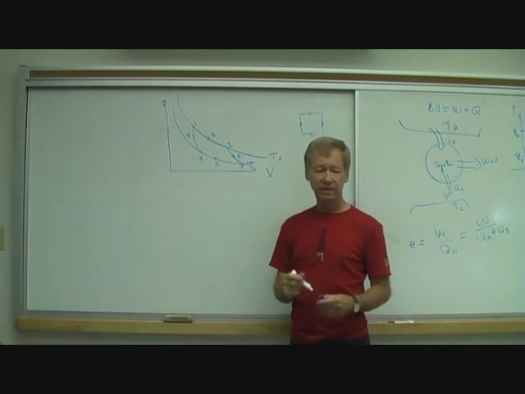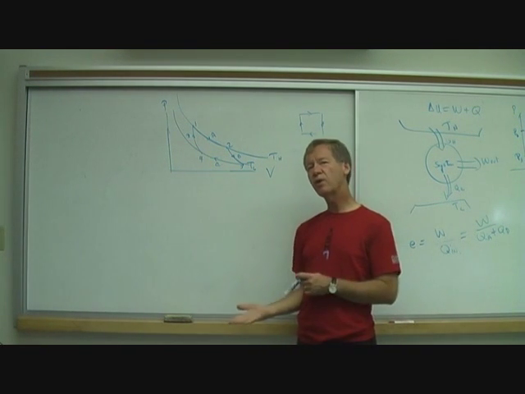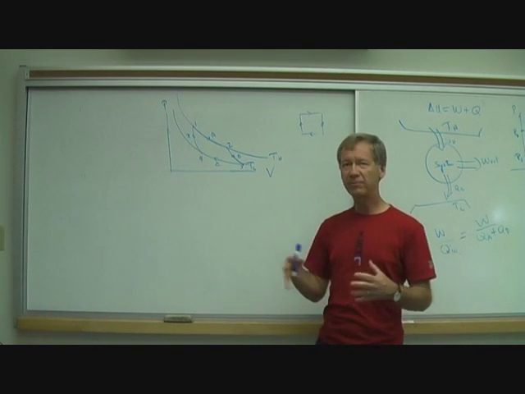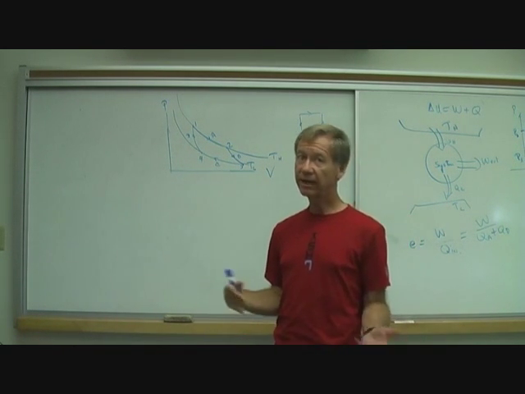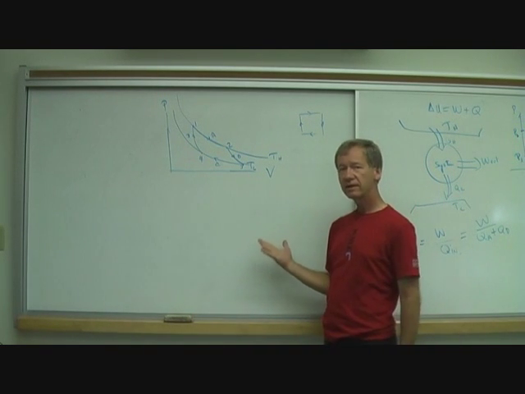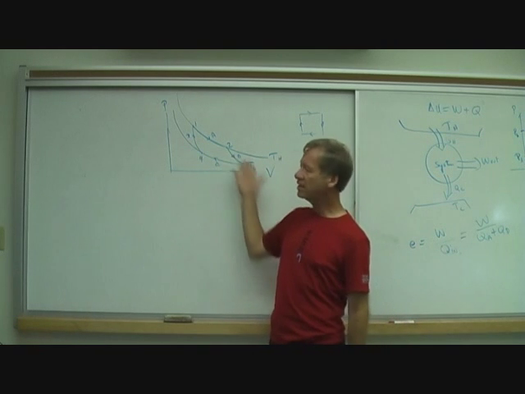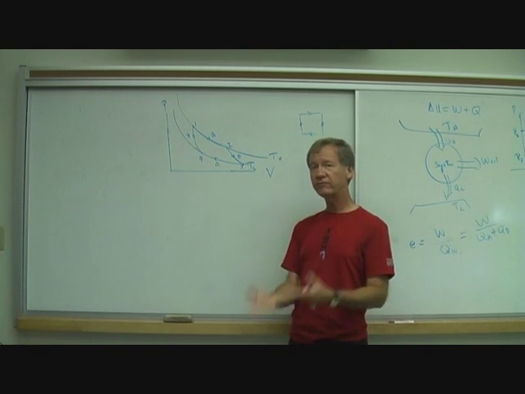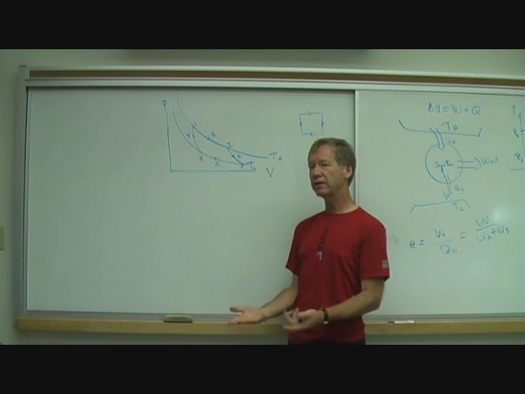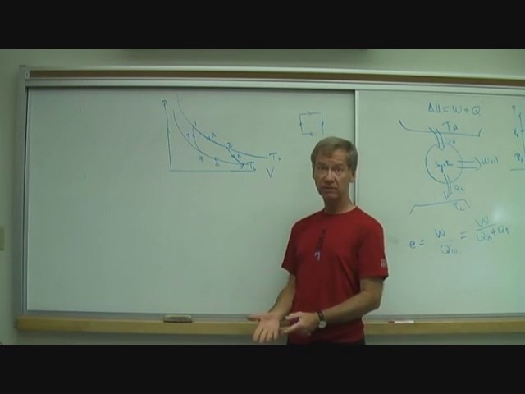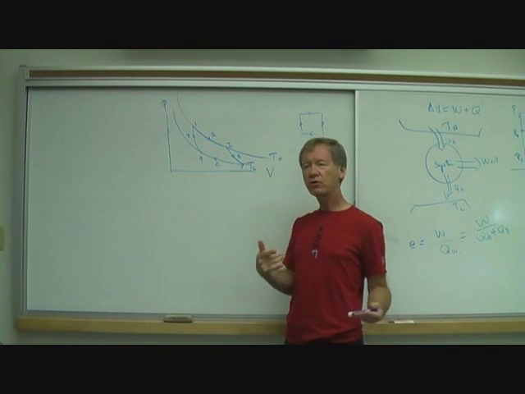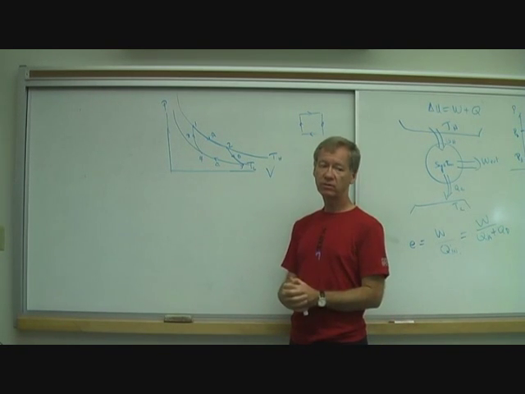Now, there are 2 reasons why I put this one up there, which I have labeled, of course, 1 and B. The first reason is because these processes are ones that we've talked about and ones that you could actually work out what's going on. You could work out the work and you could work out the heat flow, all right?